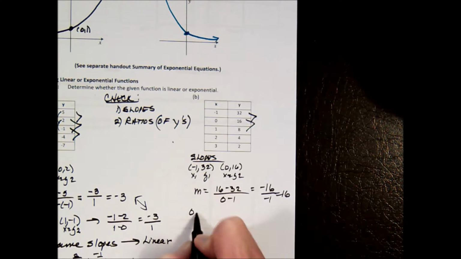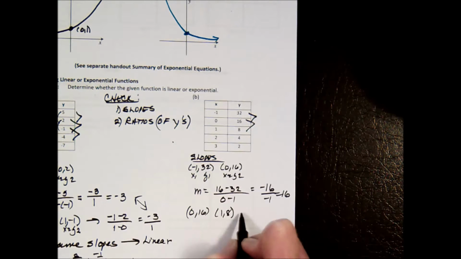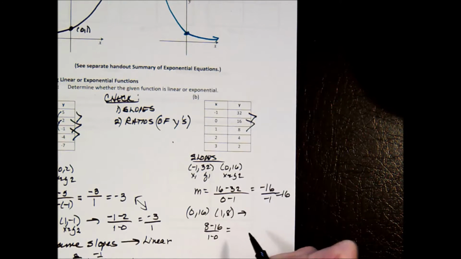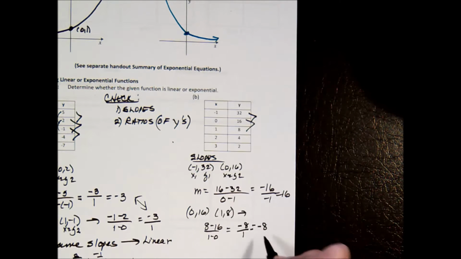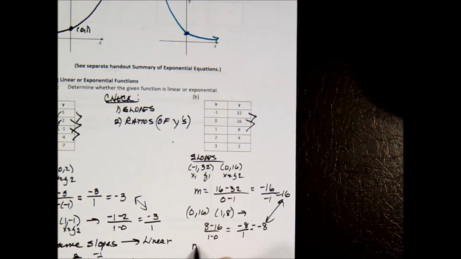Between the points 0, 16, so I have to check 2 sets with slope, and 1, 8, the slope would be 8 minus 16 over 1 minus 0. This is -8 over 1, which is -8. Those are not the same. So that tells me it is not linear.